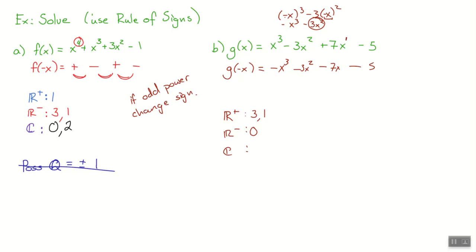If I do 3 positives, there's only a choice of 0 negatives, right? So these are the 3 that I have. How many total roots are there? And if they're all three positive, how many of them can be complex? 0. Or it could be there's 1 positive and 0 negative, which means I need how many more in the complex to get to 3? 2. These are all the possible combinations.